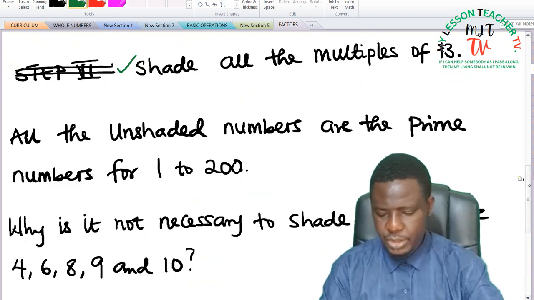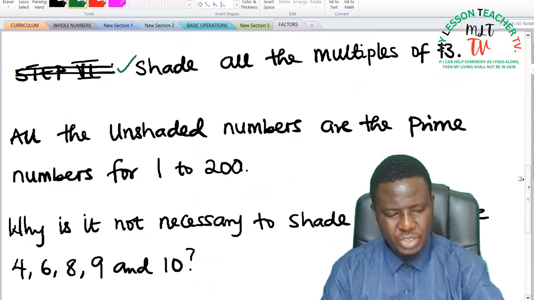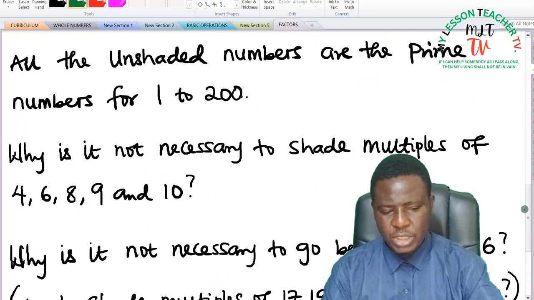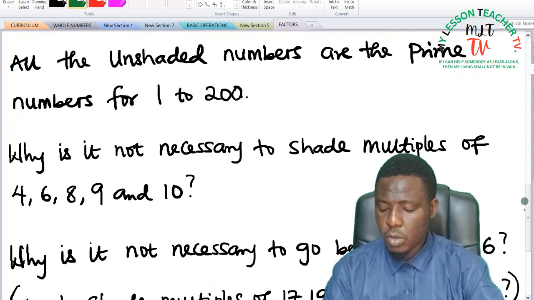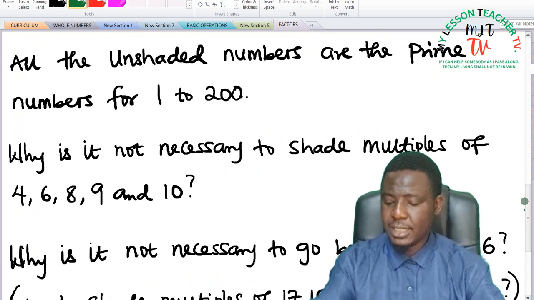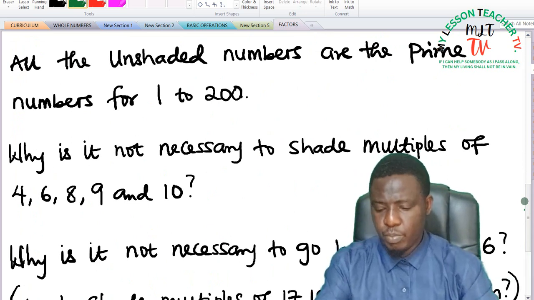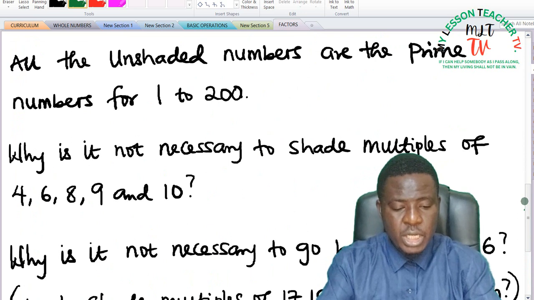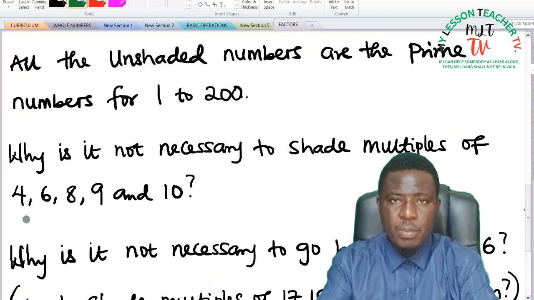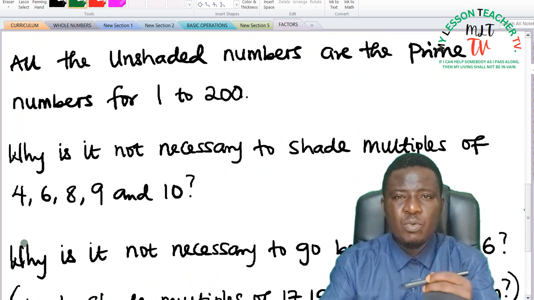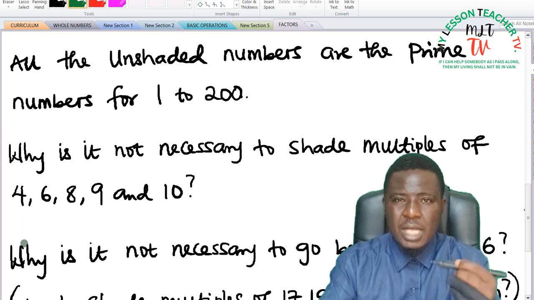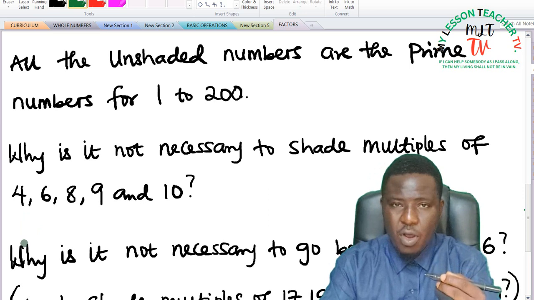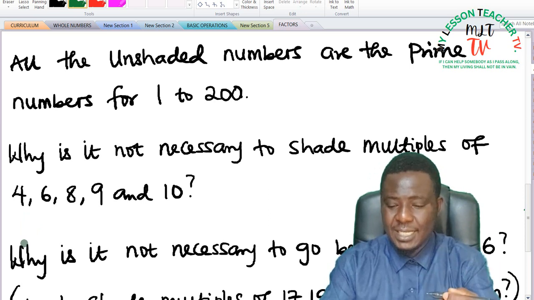Now, the question is, why is it not necessary to shade multiples of 4, 6, 8, 9, and 10? It is not necessary to shade the multiples of 4 because shading the multiples of 2 has already eliminated all the multiples of 4 and 8.